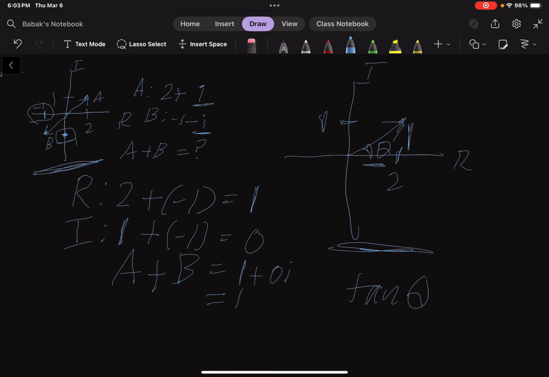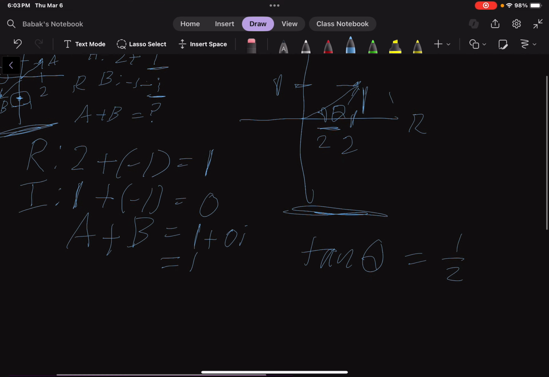And in this case, it is 1 to 2. So in order to find this angle, we take the inverse trig function from both sides as follows.